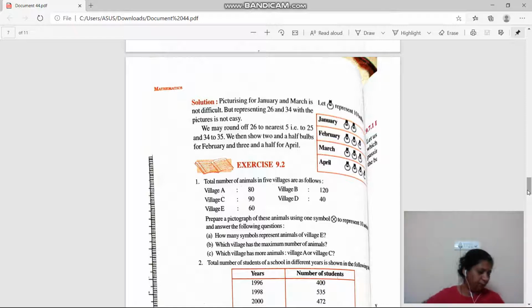The following pictograph shows the number of tractors in 5 villages. Okay, so let's answer. Which village has the minimum number of tractors? Village D, that is 3. Which village has the maximum number of tractors? Village C. Then how many more tractors does village C have as compared to B?